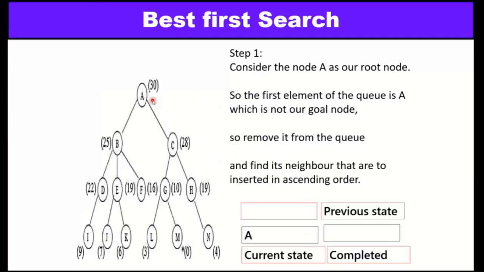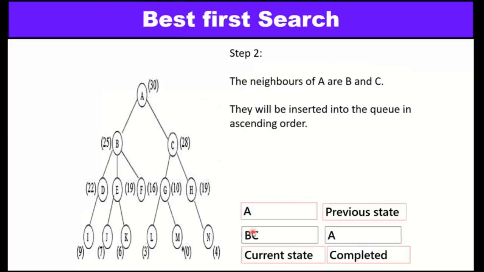So A is here, A is taken. Now we have visited A. So A is completed. So previous state is A. Gone out node or completed node is A. So first A goes out. Now A has to be expanded to B and C. Now here, which node has to be visited?